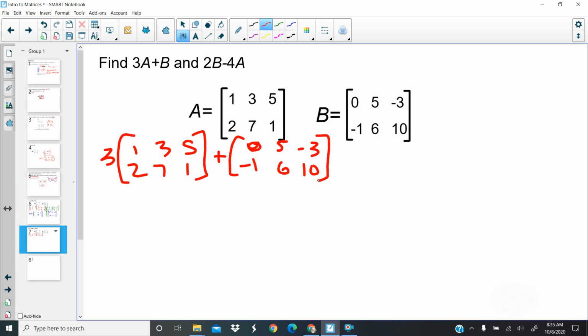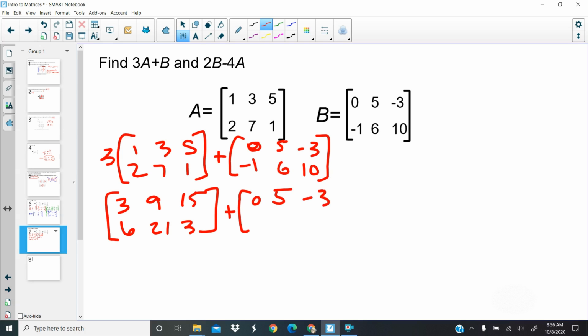So the first thing I'm going to do is multiply the scalar of 3 times matrix A. And so I get 3 times 1 is 3, 3 times 3 is 9, 3 times 5 is 15, 3 times 2 is 6, 3 times 7 is 21, and 3 times 1 is 3. And so that's 3A, and then we still need to add B to that. So I'm going to copy B down.